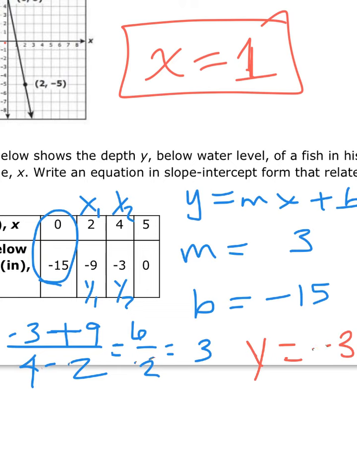Fixed it. Because look at the little fish. He's 15, what is that, inches below the water level? And he's slowly rising up probably to eat, right? That's usually the only time fish come up to the top, if there's food floating up there.